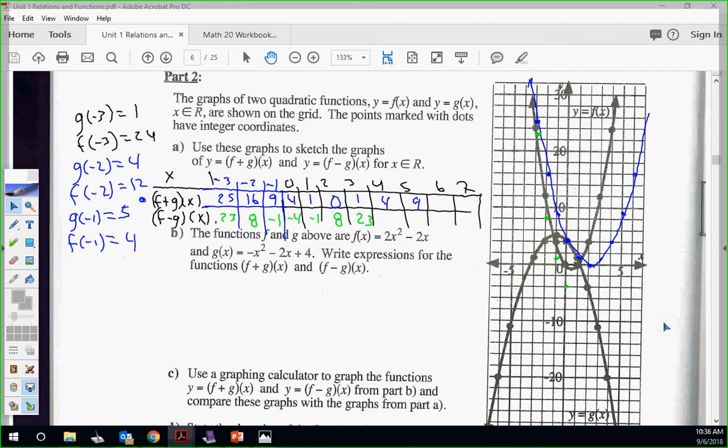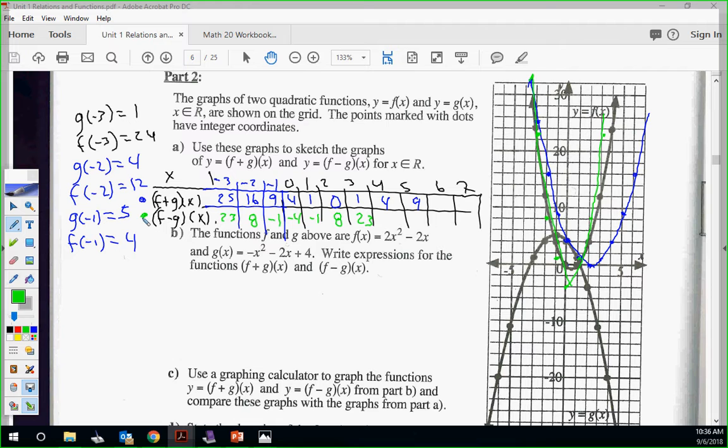Then we're back to mirroring it. 1, negative 1. 2, 8. And 3, 23. And there's your other function. So you got green here, F minus G, and blue, F plus G.